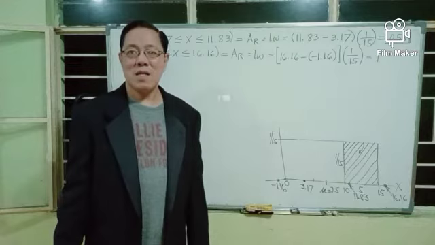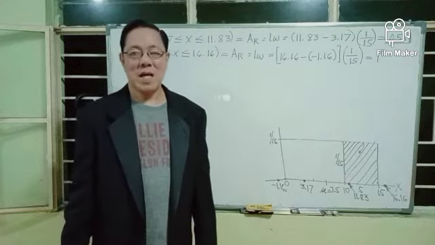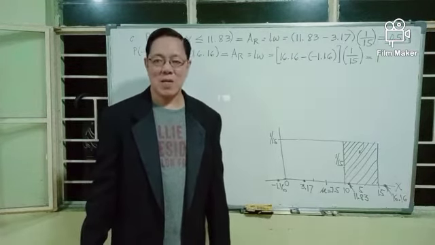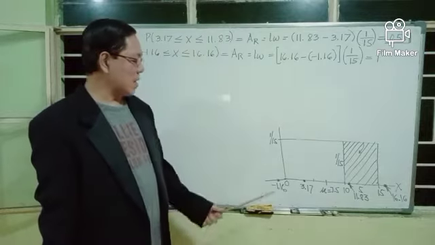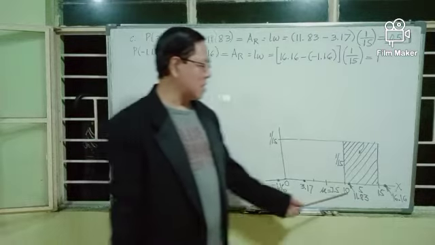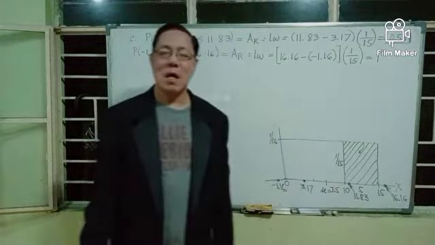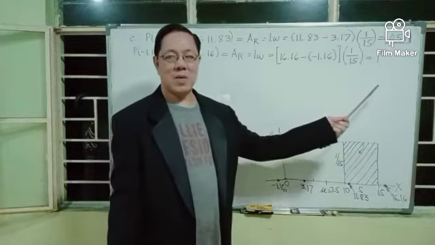The probability that the waiting time of a person waiting for the next bus to arrive will be between negative 1.16 and 16.16 minutes is 100%.